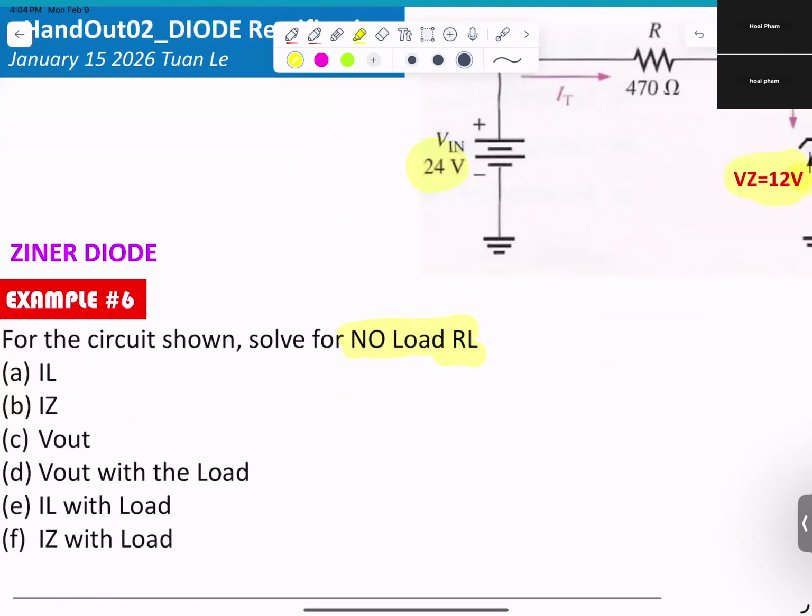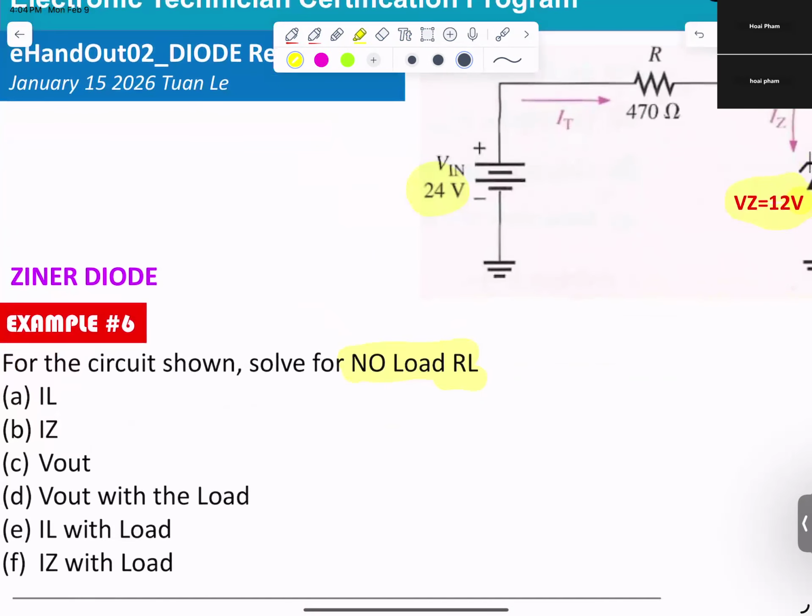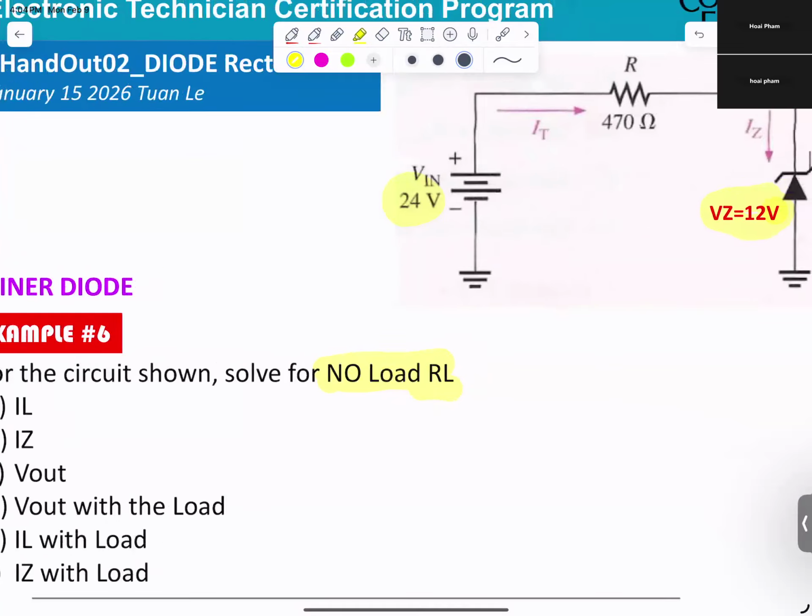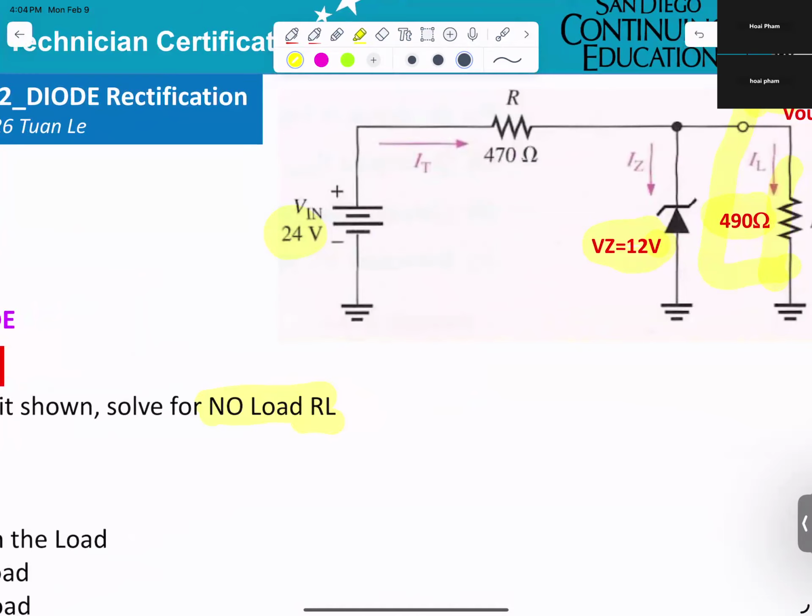Zone for IL. IL means the current IL here. That means if you don't have a 490 ohm, what is the current flow here? 24, 12.